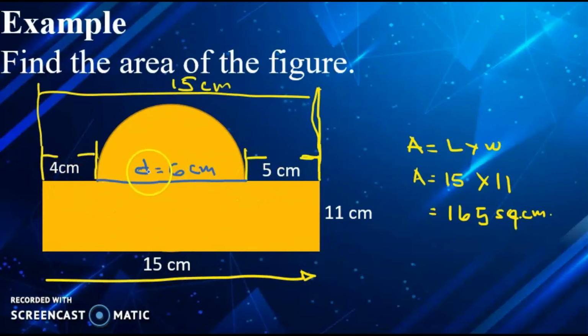So, meron na tayong diameter. So, pwede na natin i-solve yung area ng circle. So, area ng circle is equals to pi times r squared. Tama? So, area is equals to pi, that is 3.14 times anong radius natin?